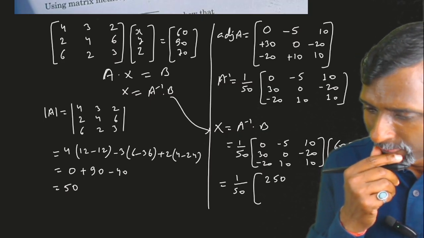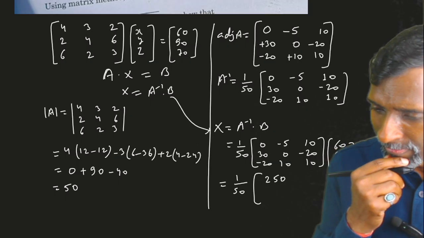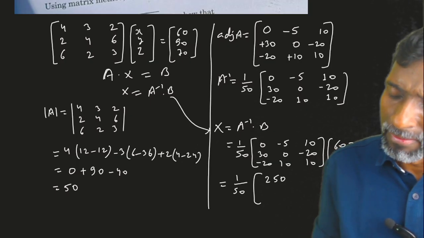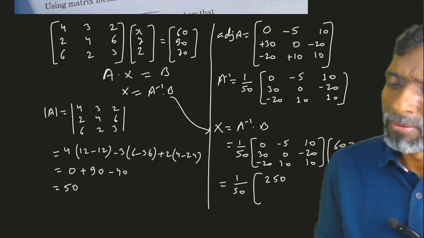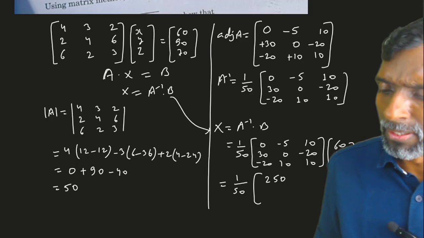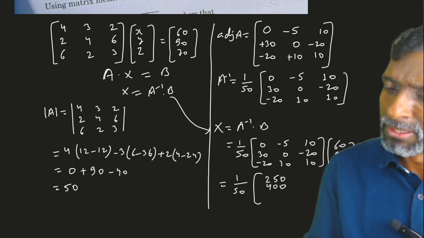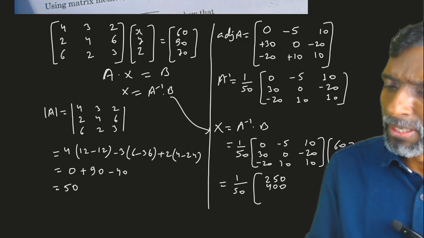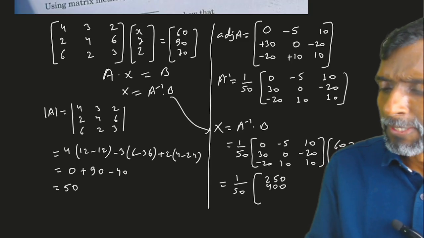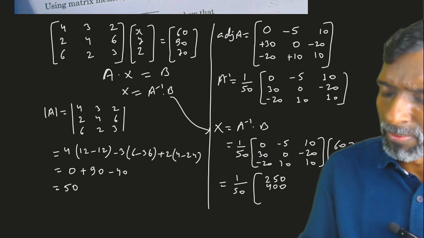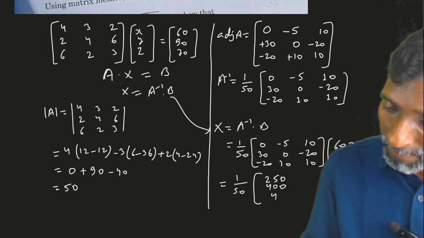Okay. So 6 times 3 is 18, 1800, and minus 1400 is 400. Third one is minus 120 plus 90 plus 70. 160 minus 120 is 40.